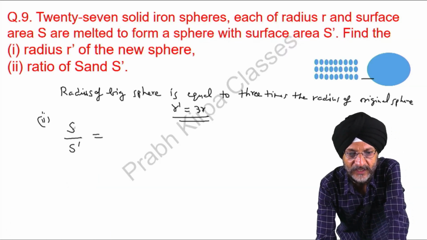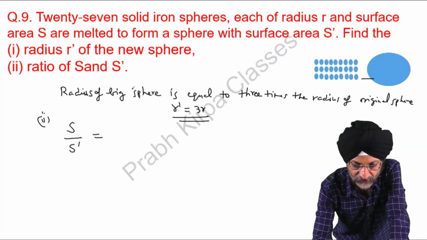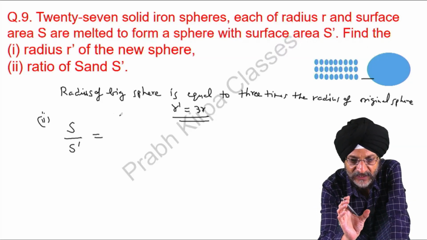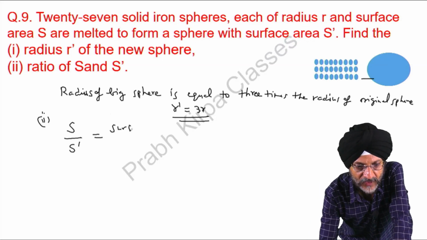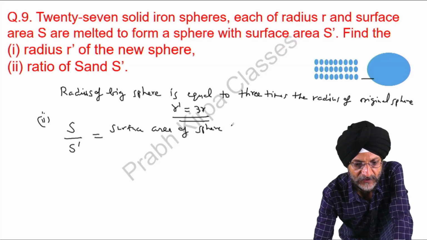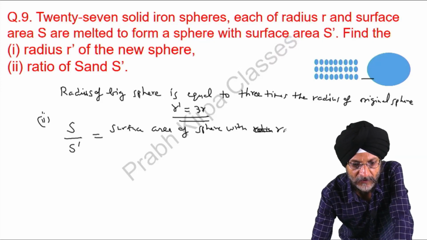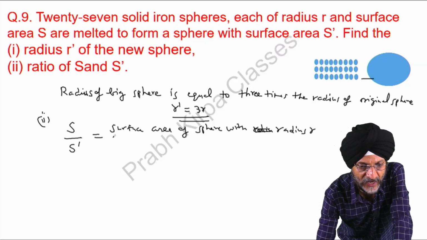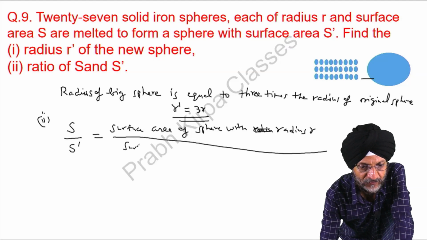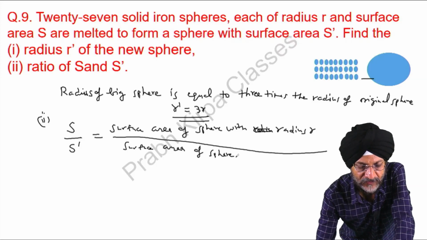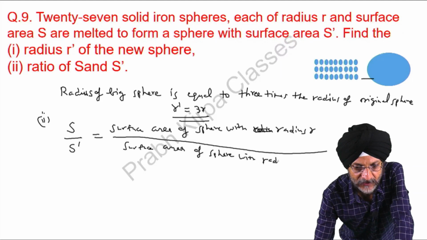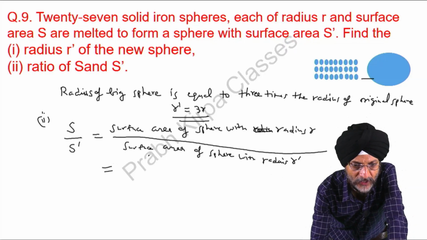It means the surface area of the sphere with radius r, and s dash is the surface area of the sphere with radius r dash.